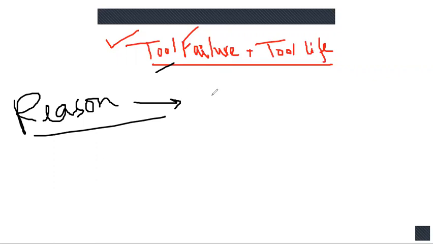Now if the cutting force is too high, then tool become fail. Okay, this is our first reason. There are several reasons.